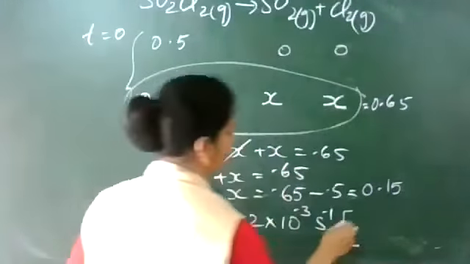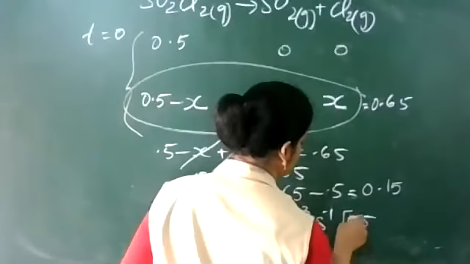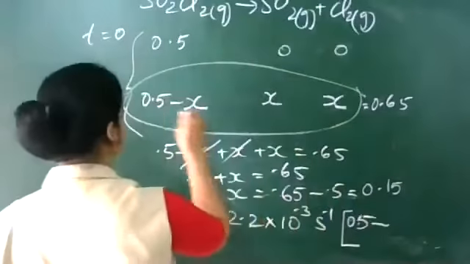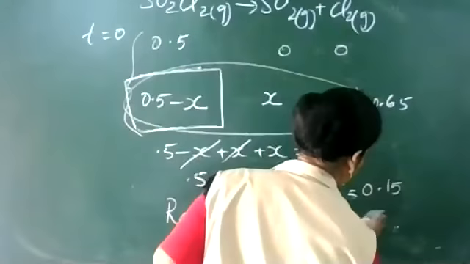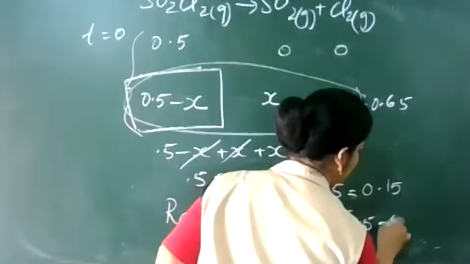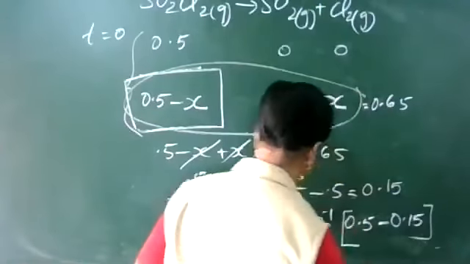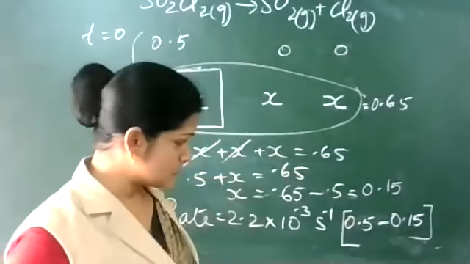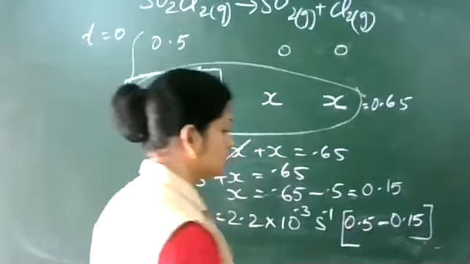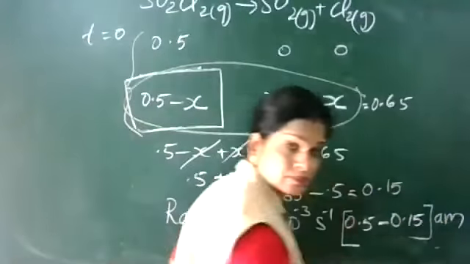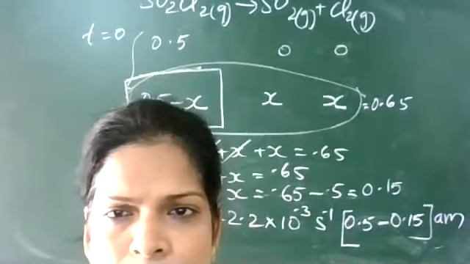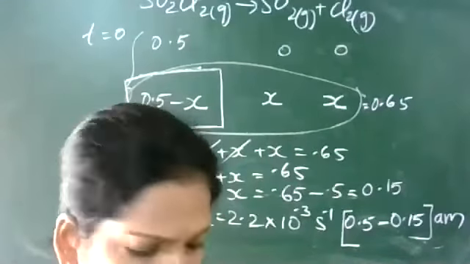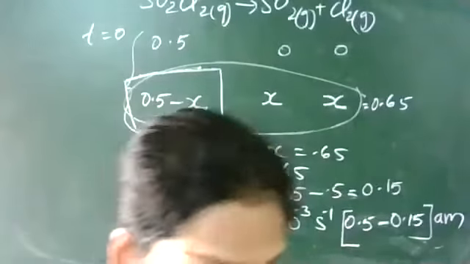X we have already found, that is 0.15. So 0.5 minus 0.15, this much atmosphere. So you calculate and tell me the answer.